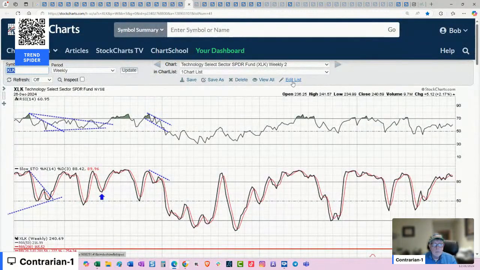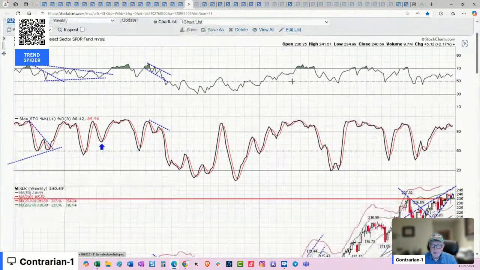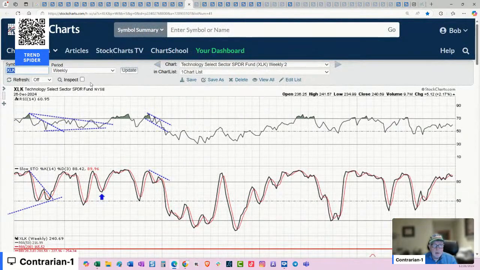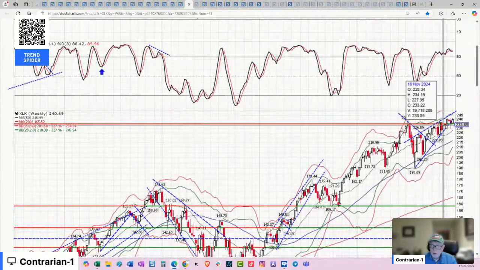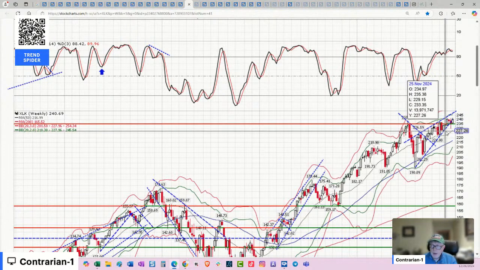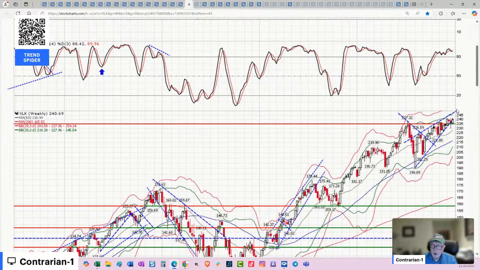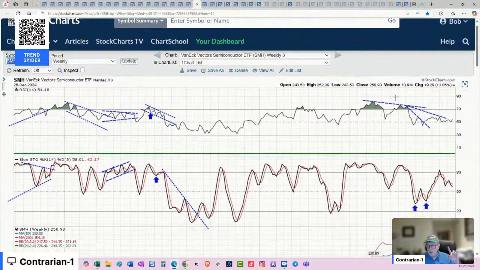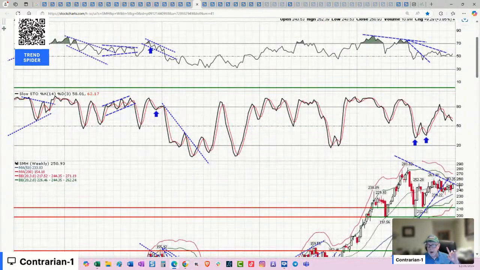Technology, weekly view. This looks good. I mean, it looks like it wants to go higher. We broke out, God, how many weeks ago now? About 4 weeks ago now, and it looks as though we're getting to make another running charge higher. My guess is that the semis are going to join suit, and they're trying to break out this week.